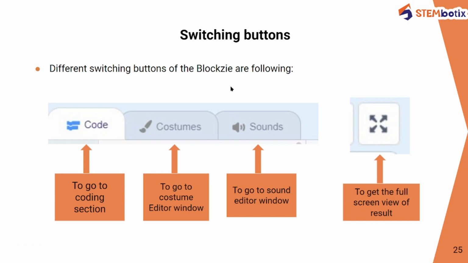This costume tab is pressed when you want to see the costumes of the sprite or go to the costume editor window. If you want to go to the sound editor window, just click onto it. And if you want to get the full screen view of your result, or you can say the stage area, just click onto it and you will see the full screen view of your stage area.